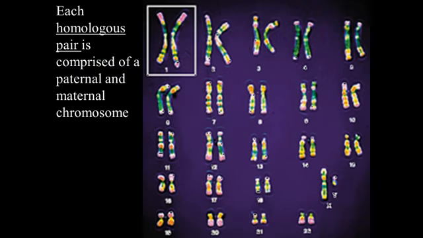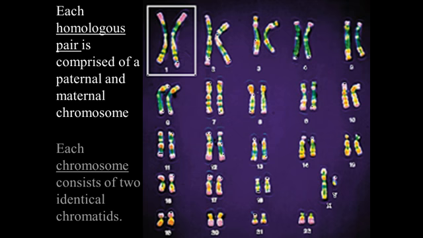Okay, another way to look at this is a karyotype. So this shows all of the chromosomes that an individual has. Half of those chromosomes came from mom, half came from dad. And each of these chromosomes contains two identical chromatids. So if we look closely, for example, this is chromosome 1.